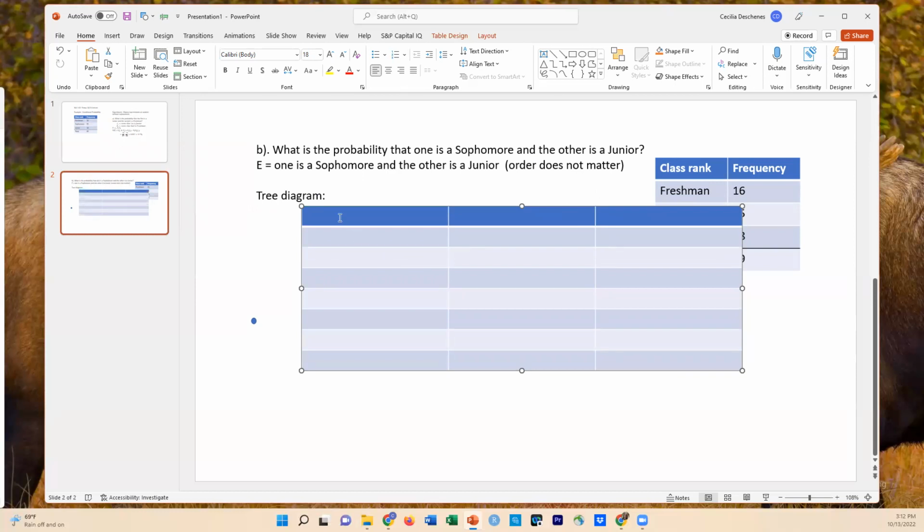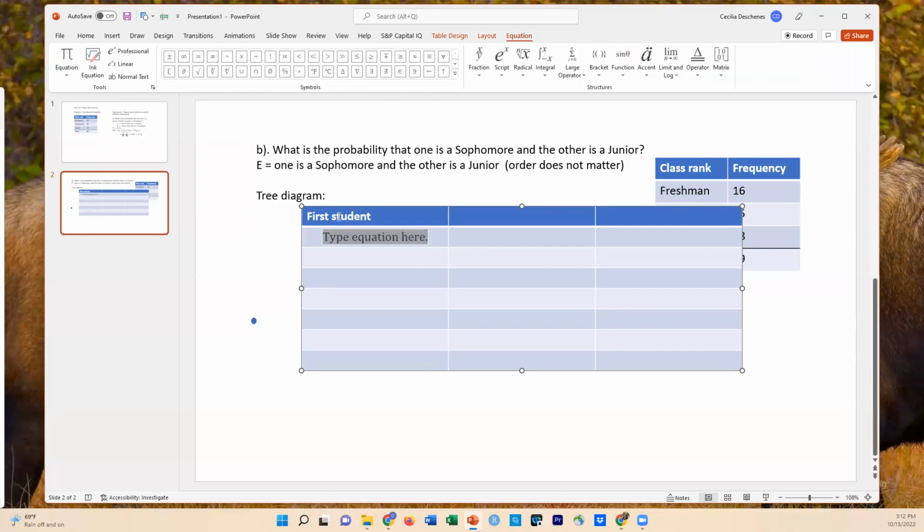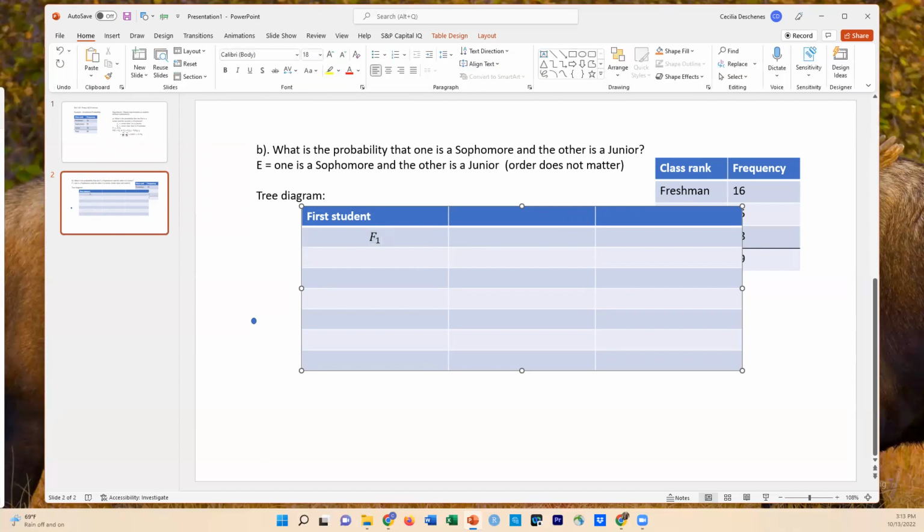And what we're going to start out with is the first student. I'm just going to use the notation that we were using when we answered part A. So we have the letter F for freshman, S for sophomore, J for junior, and then 1 if it's the first student chosen.